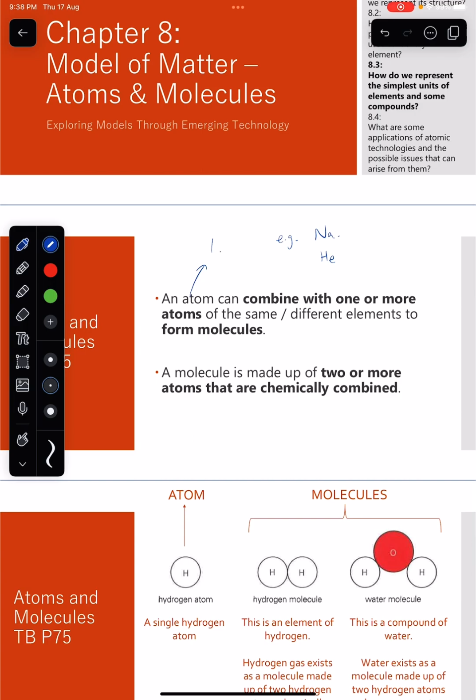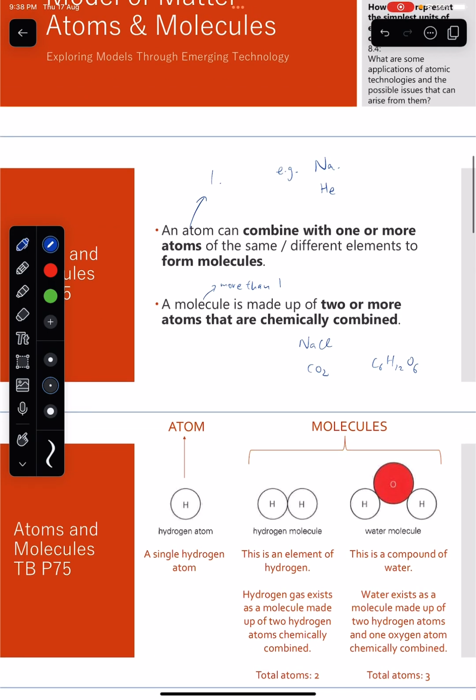Whereas a molecule is two or more atoms chemically combined. So this is your more than one. For example, NaCl, sodium chloride, CO2, carbon dioxide, could even be C6H12O6, which is basically sugar, glucose.